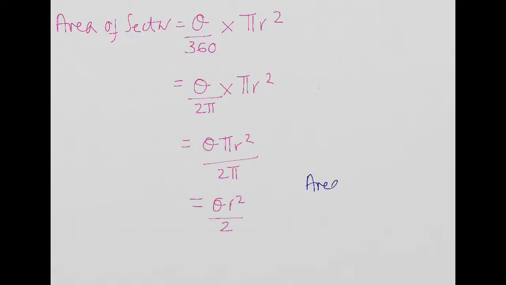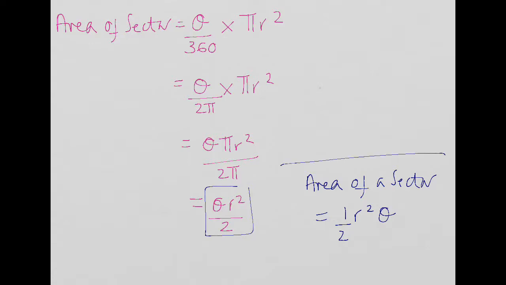Area of a sector equals half r squared theta, and you'll notice that is the same. They've just slightly altered the order, and rather than writing r squared theta divided by 2, they've just put the half and multiplied it. So that's what you need to learn.